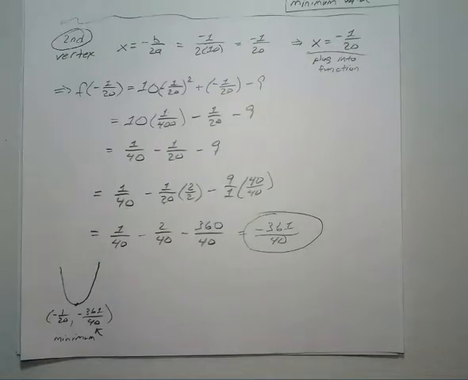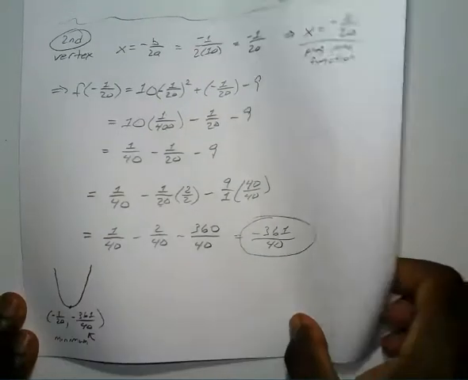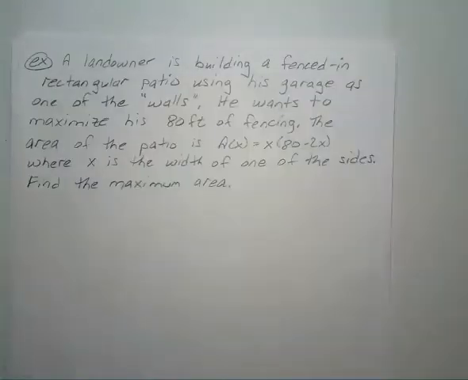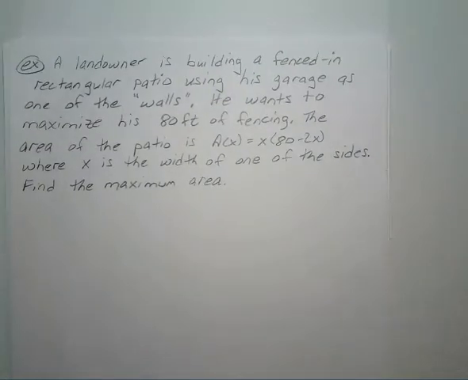Alright, okay, so let's go ahead and do one more example, and this one's going to be a little bit of a story problem. But again, if you're still writing, feel free to press pause. Okay, so you may want to press pause and write this down, but it's a landowner who's building a fence, or fenced-in rectangular patio using his garage as one of the quote-unquote walls.